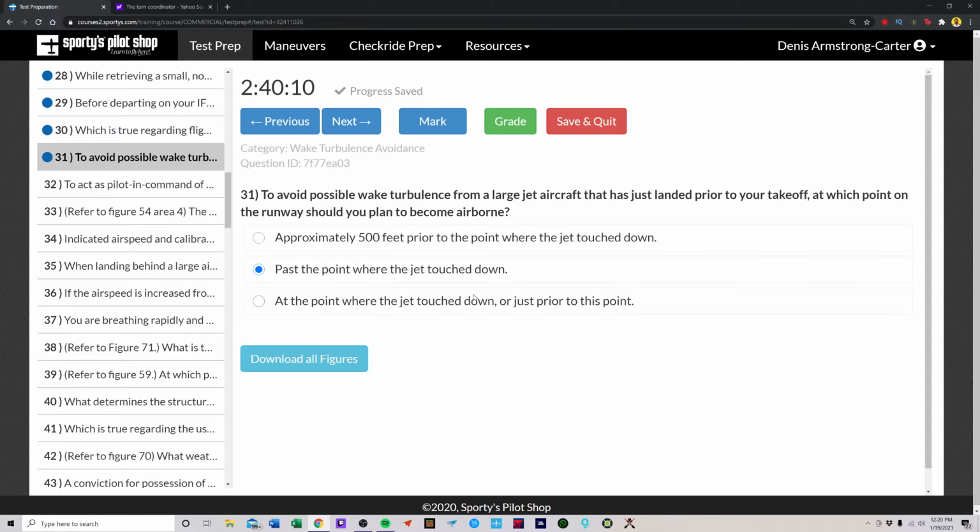So it's actually past the point where the jet touched down. The reason why is you take off, the wake turbulence from that big heavy plane comes in, it sinks. Wake turbulence sinks to the ground, so you always want to take off after his touchdown point. You always want to rotate after. Otherwise, if you rotate before, you go into that wake turbulence, there's going to be damage caused to your aircraft.